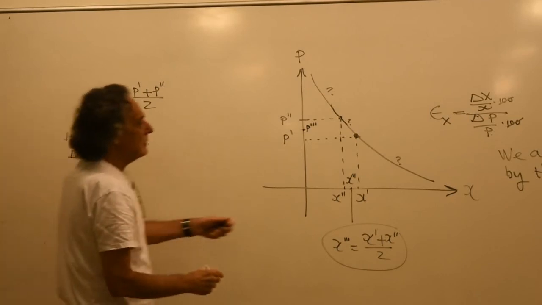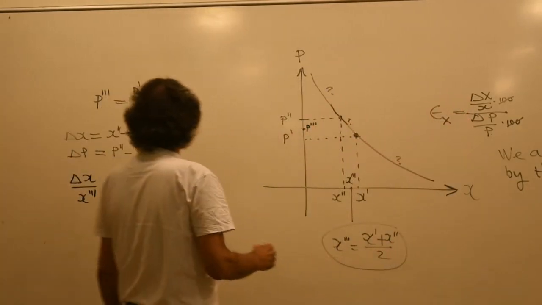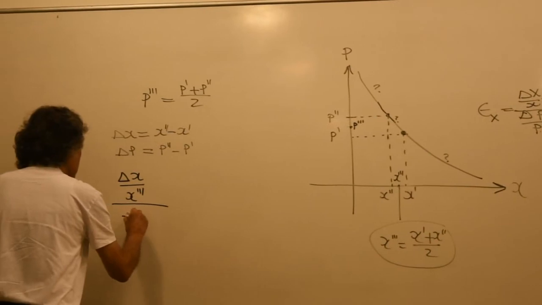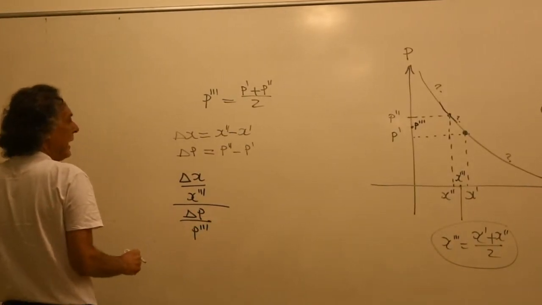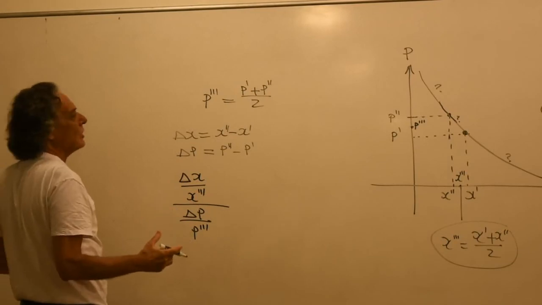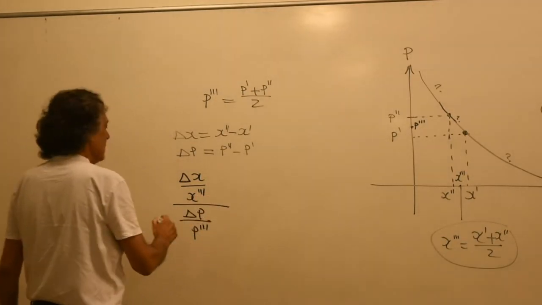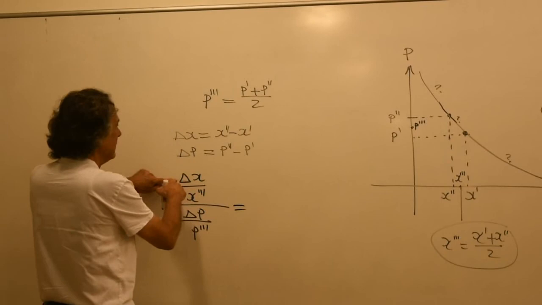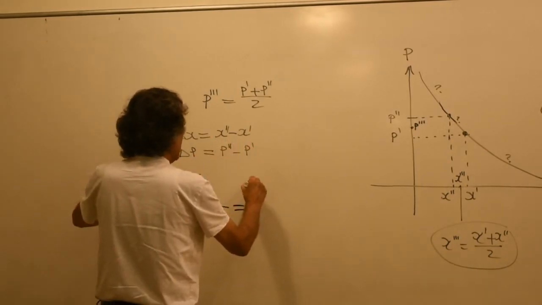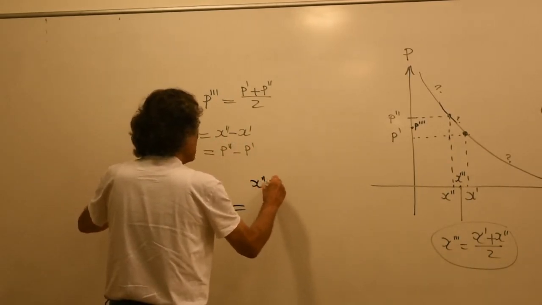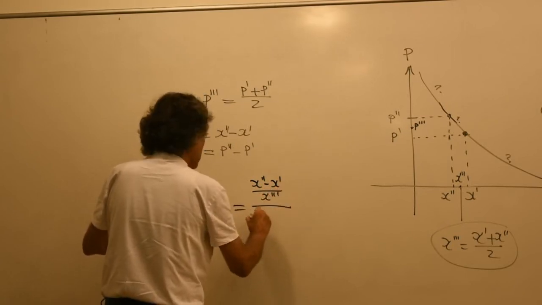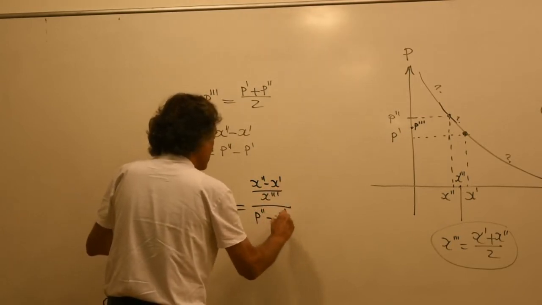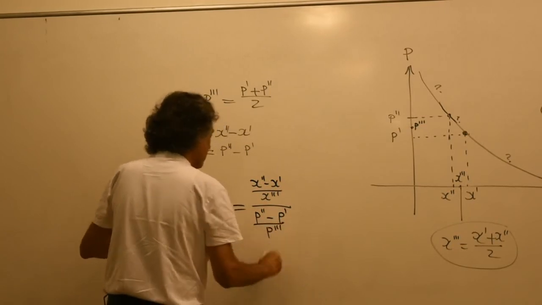Divided by delta p divided by p triple prime. That will be an approximation of the elasticity of demand. But then delta x is this. So I have x double prime minus x prime divided by x triple prime, divided by p double prime minus p prime divided by p triple prime.